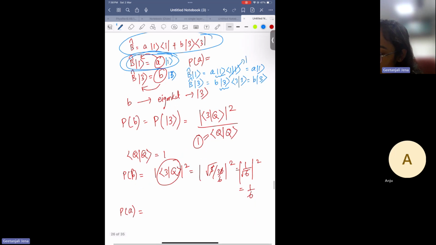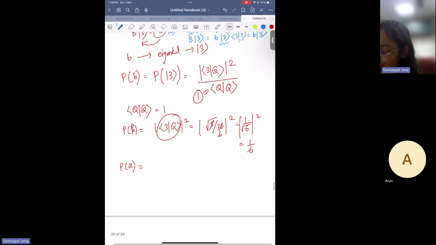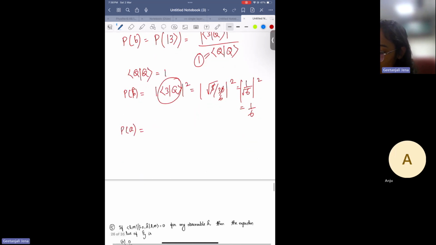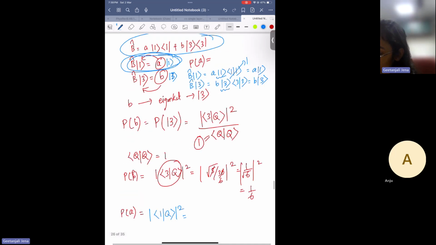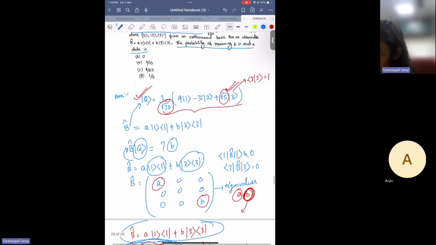So if you see this expression, this is the eigenvalue equation. You see that the eigengate of A is 1. So if you want to find out the probability of getting A, that means this is nothing but 1q squared. First see what is the expression for q. Only this term will give a non-zero quantity, and the coefficient is 4 by root over 30.